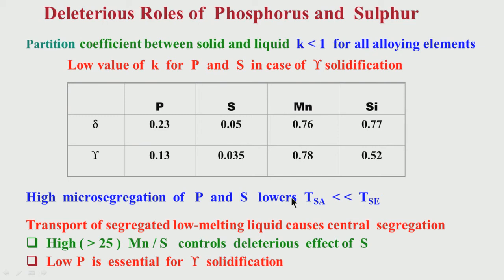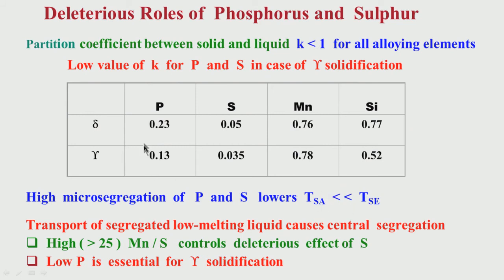Microsegregation of phosphorus and sulfur causes a very high level of partition, because the K values are relatively low when solidification takes place through austenitic mode.